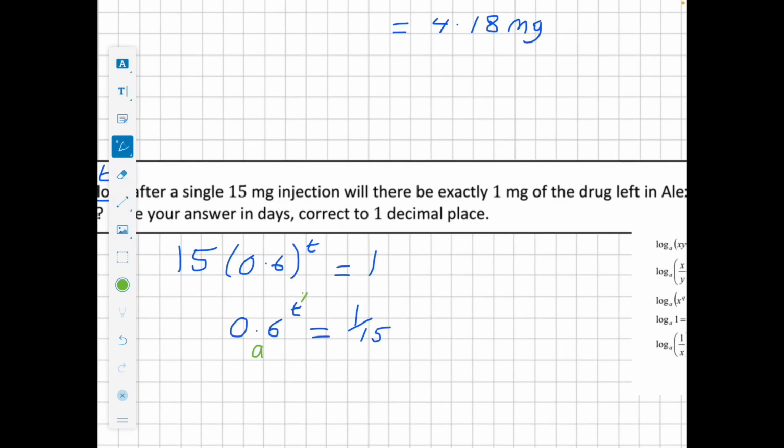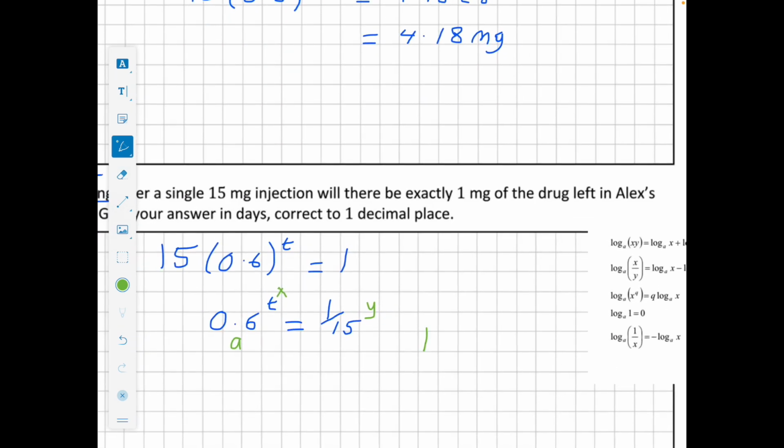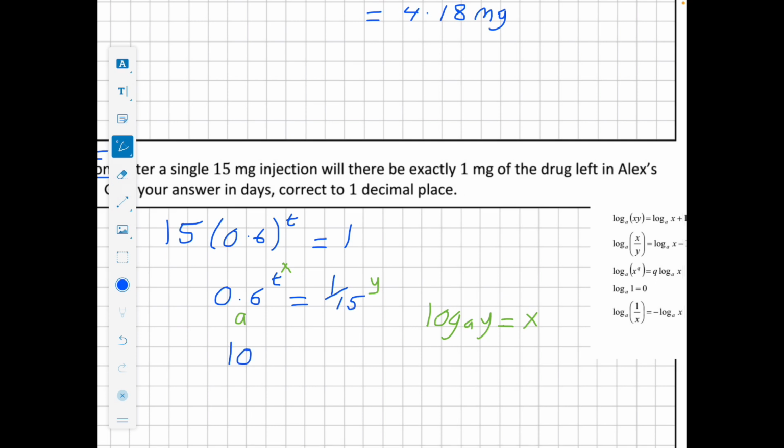So right now I have a to the power of x. I have something that looks like this. This is my A, this is my X, and this is my Y. And we want to change it into log to base A of Y is equal to X. So I'm going to rewrite this as log to base 0.6 of 1 over 15 is equal to t. Just pop that straight into my calculator.